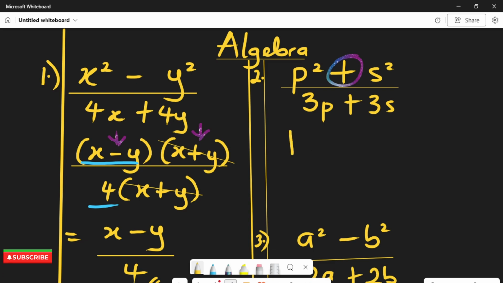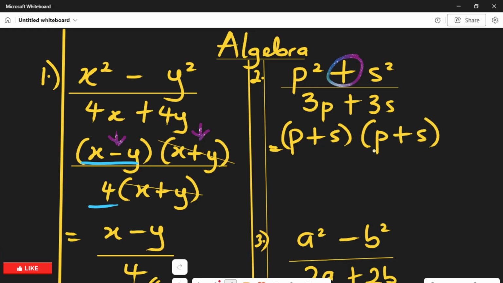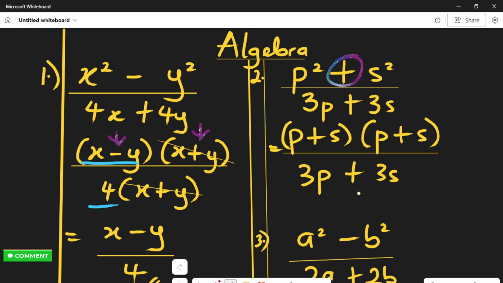So we are going to simply write it as, in brackets p plus s, and in another bracket p plus s, all over. Now remember, another way to write 3p plus 3s, just like we did here, is 3 then in brackets p plus s.